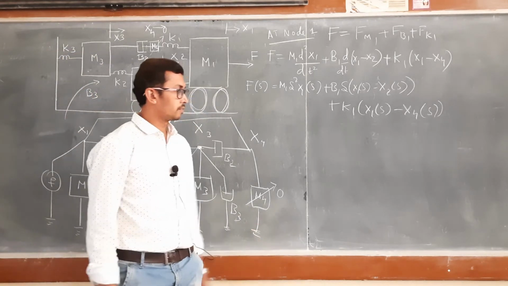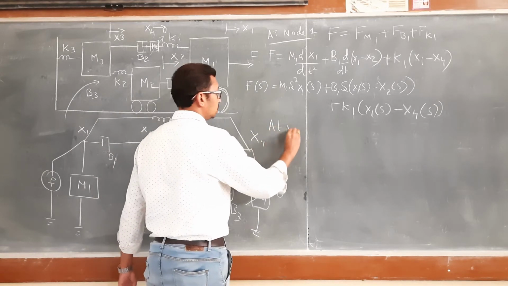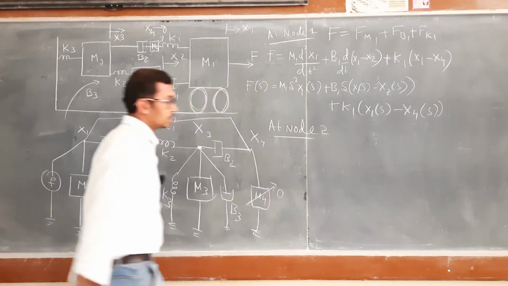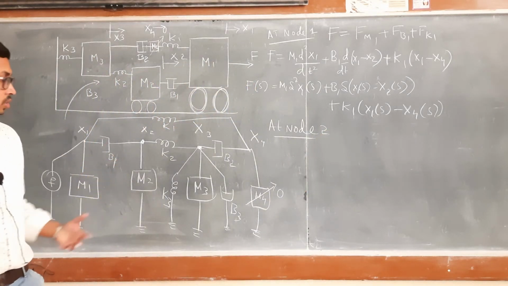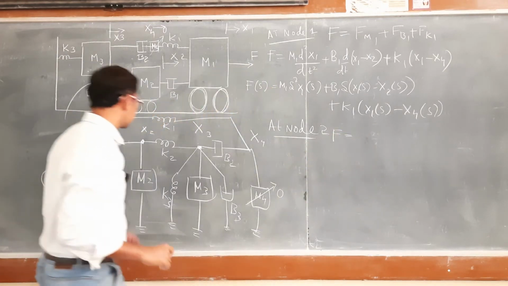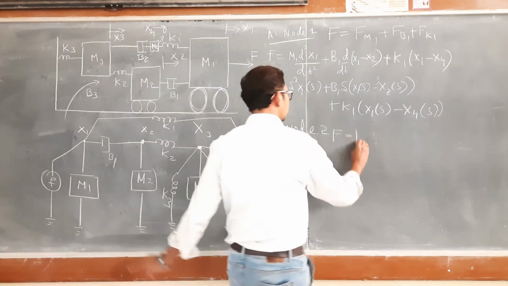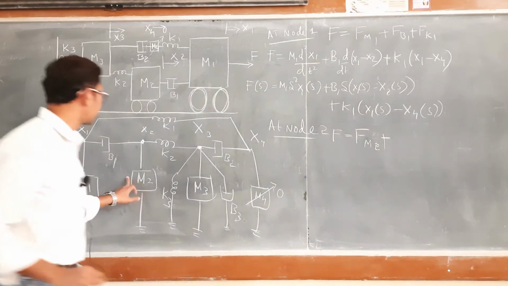Okay, in the same way we need to write for the node 2. At node 2, we have to apply Newton's law of motion. So applied force is equal to opposing force. What are the things there in node 2? F of M2 is there, plus what we have?